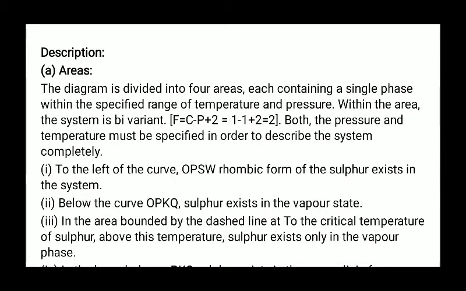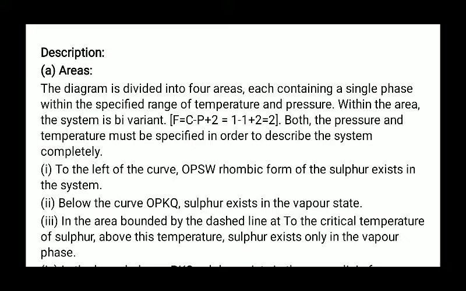Within the area, the system is bivariant. F is equal to C minus P plus 2, that means 1 minus 1 plus 2, that is equal to 2. Both the pressure and temperature must be specified in order to describe the system completely.